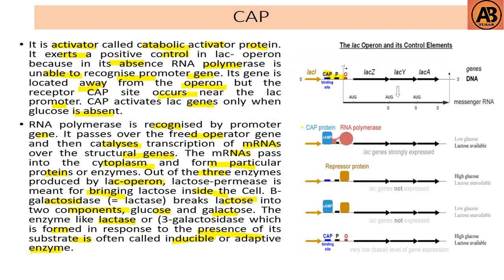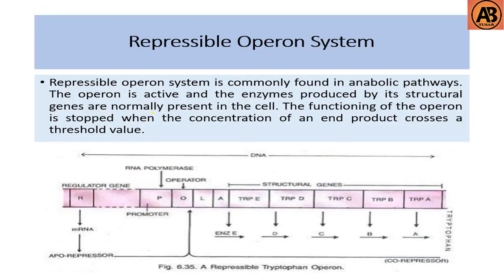and this is all about the inducible gene expression. Now we are going to learn about repressible operon system. Repressible operon system is commonly found in anabolic pathways.